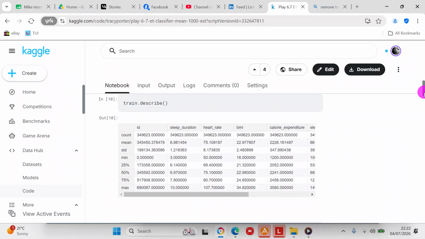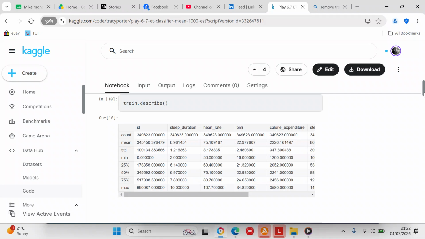So now what I'm doing is I'm using the describe function so you can just see some statistics about the train data set. And I think in the competition that I entered last month, I didn't do the describe, and I was saying, oh, I should do the describe. So I'm doing the describe this time.